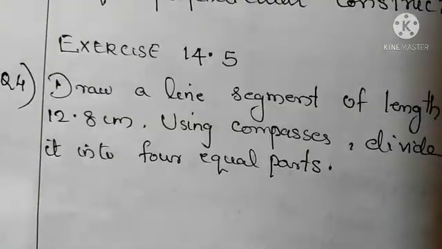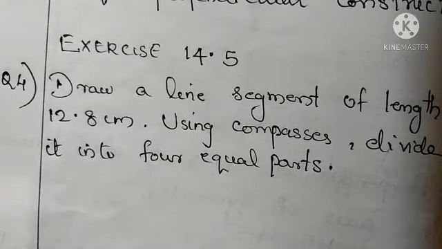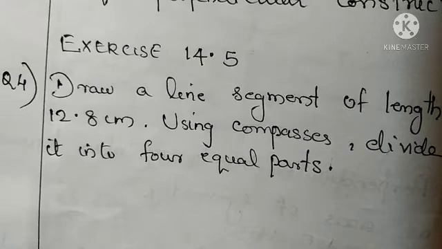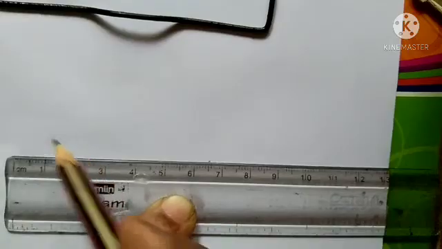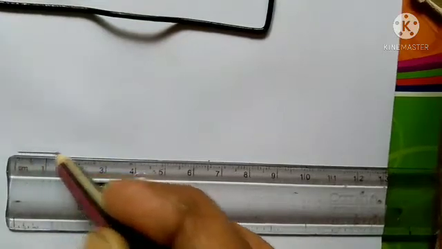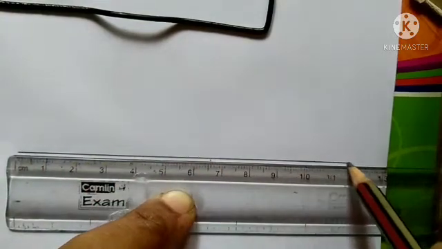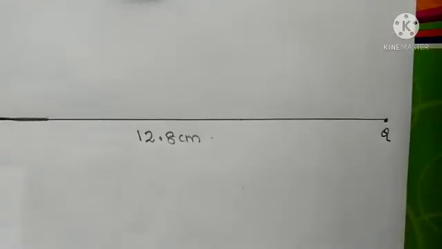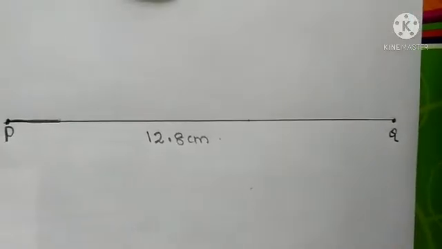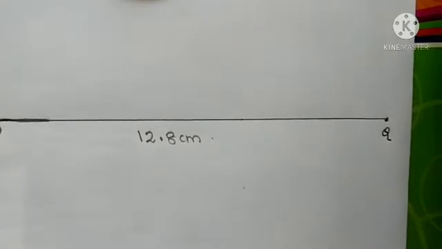Question 4. A line segment of length 12.8 centimeter using compass. Divide it into 4 equal parts. First we will draw the line segment of length 12.8. This is the line segment PQ of length 12.8 centimeter.